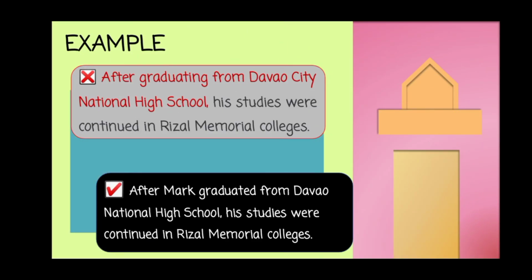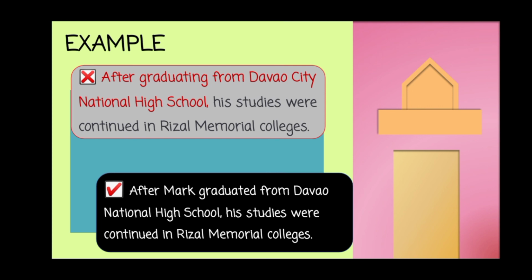So for the next example, after graduating from Davao City National High School, his studies were continued in Rizal Memorial Colleges. Which phrase is missing a doer? It is the after graduating from Davao City National High School, but who graduated in DCNHS?